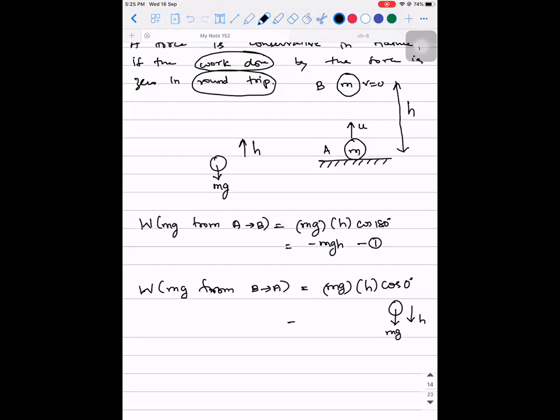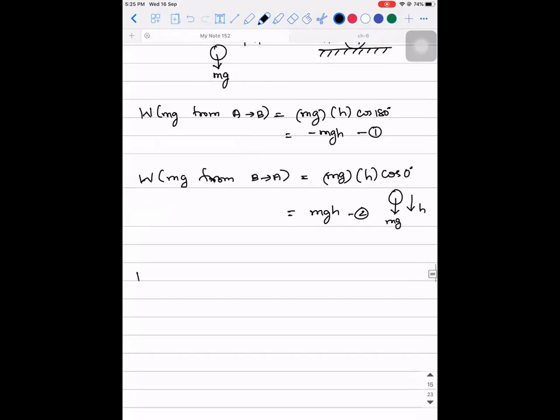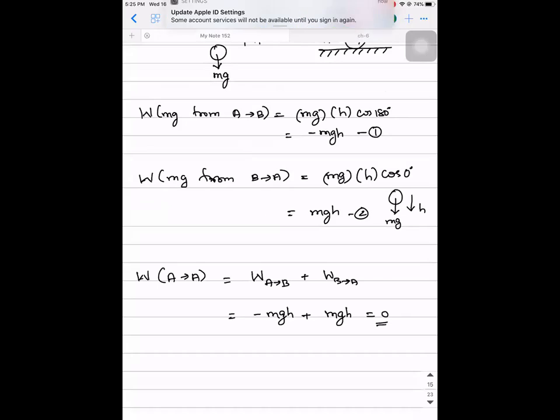So it will be plus mgh. So what is the work done by the force from A to A? That will be work done from A to B plus work done from B to A. So what is work done from A to B? Minus mgh. What is the work done from B to A? It is plus mgh. Answer will be 0.